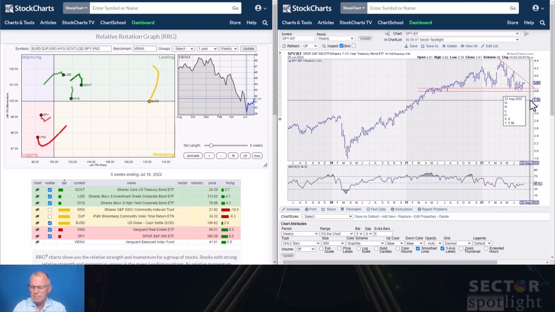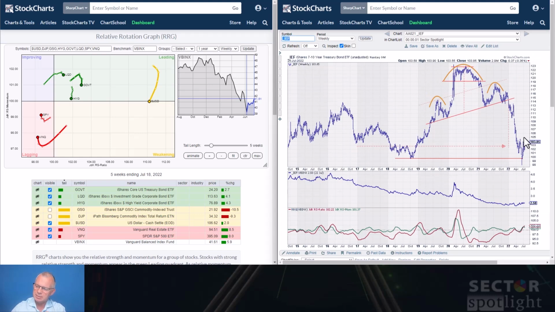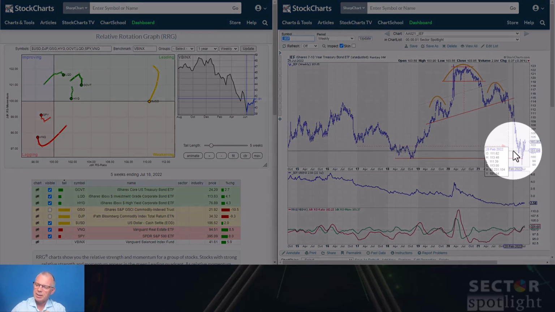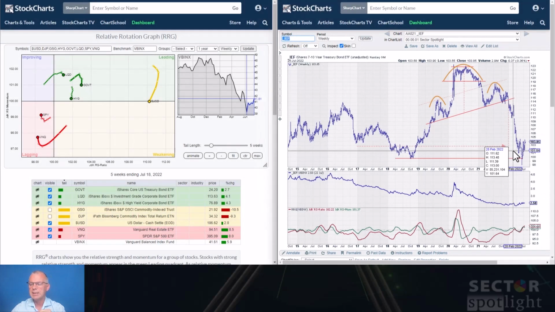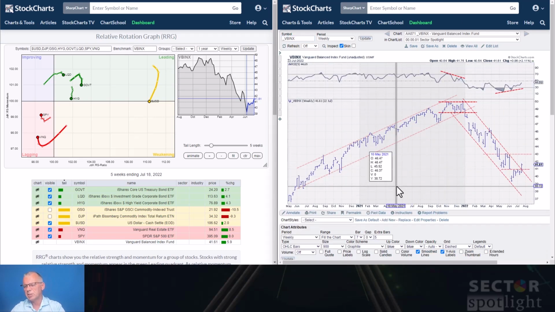It's quite early, but I thought that was worth mentioning because I do think that this is shaping up like something that could be a temporary low in the making. Now, if you look at VBINX, the chart itself, then there's something interesting going on.